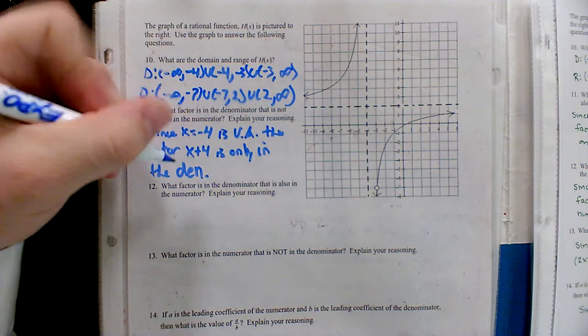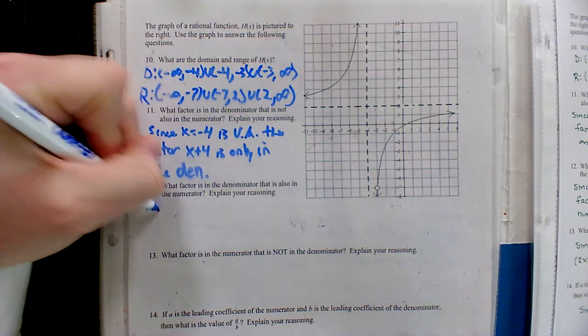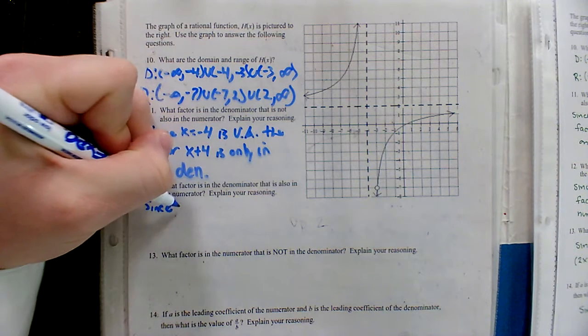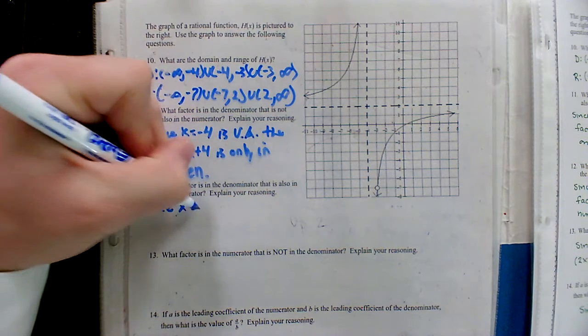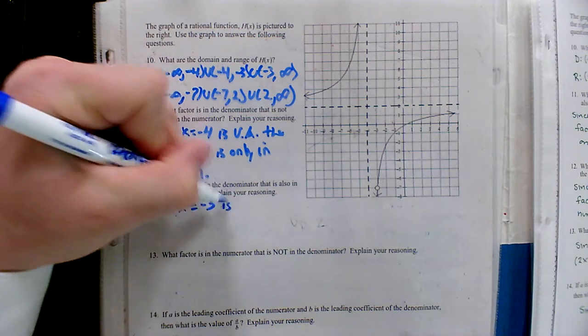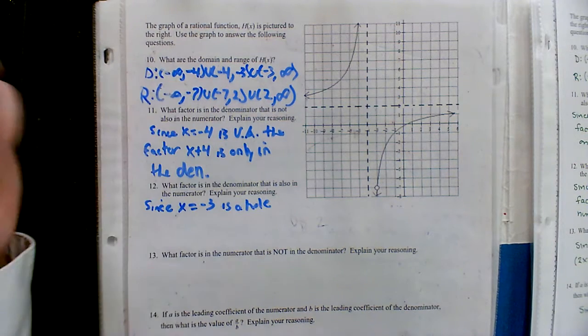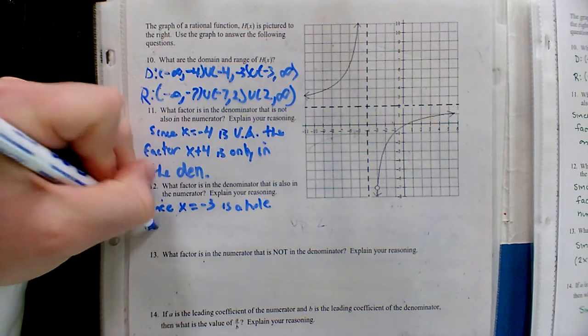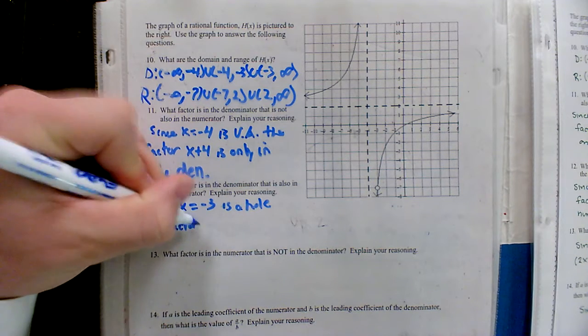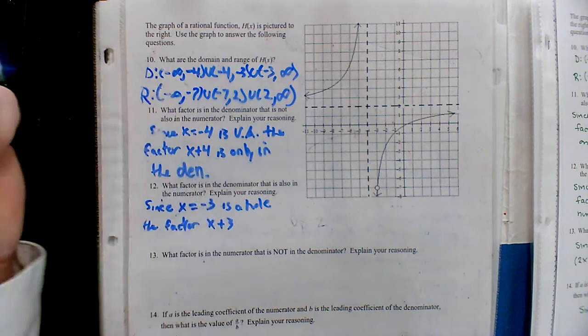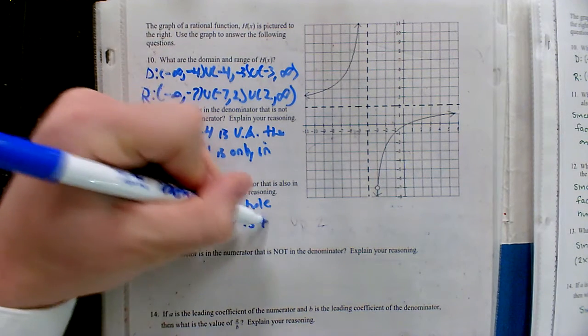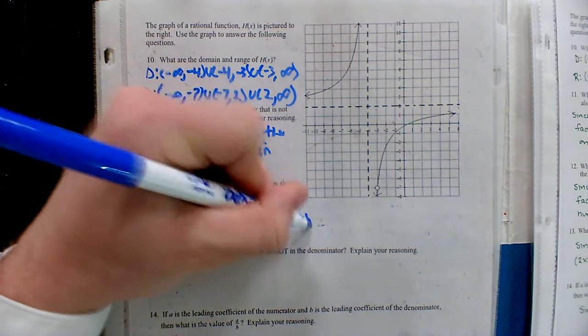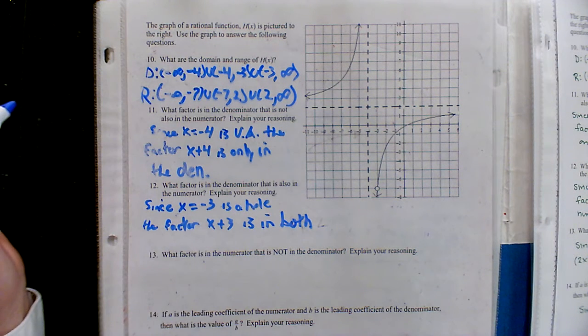X plus 3, which is x equals negative 3, since it's a hole and it's a canceling factor in both numerator and denominator. Yep, very good. Since x equals negative 3 is a hole, and again you can see that on your graph, the factor x plus 3 is in both. And that's because it's a canceling factor. So it's a hole, it's in both.